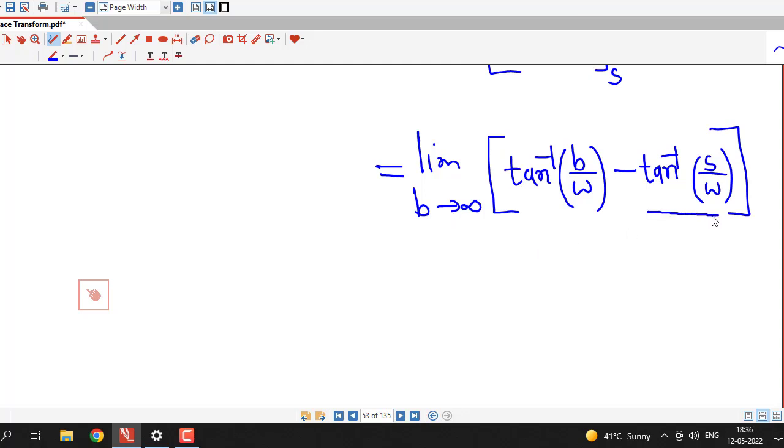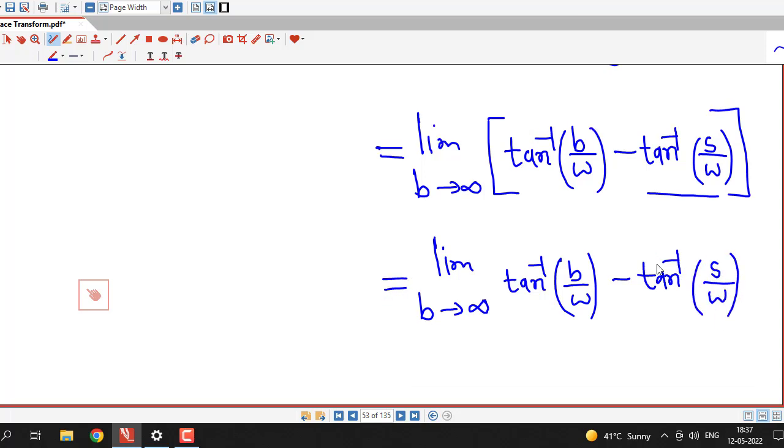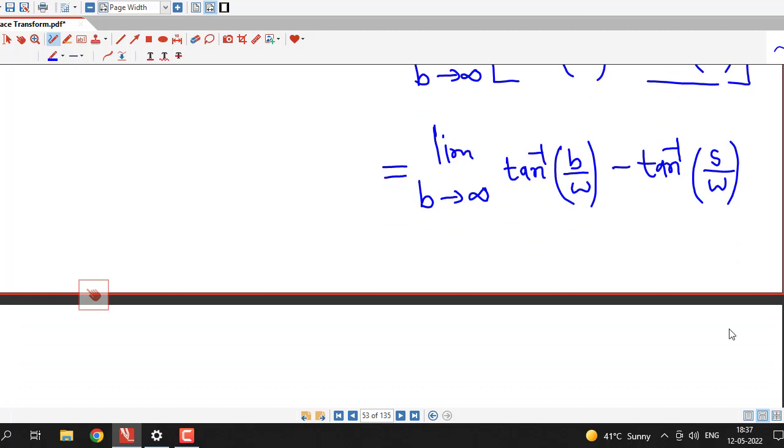In the second term there is no b, so the limit of tan inverse s by omega as b tends to infinity will be tan inverse s by omega. So we can write this as the limit as b tends to infinity of tan inverse b divided by omega, minus tan inverse s by omega.